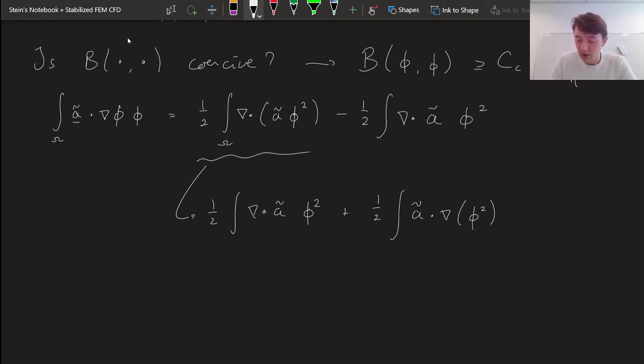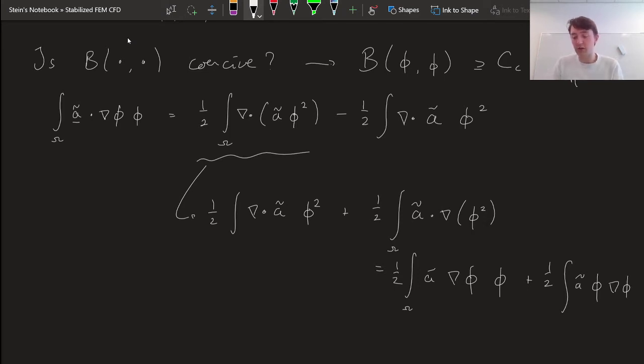And this is going to be equal to, so this term here is going to be equal to a tilde times the gradient of phi times phi, half plus half times a tilde times phi times the gradient of phi.